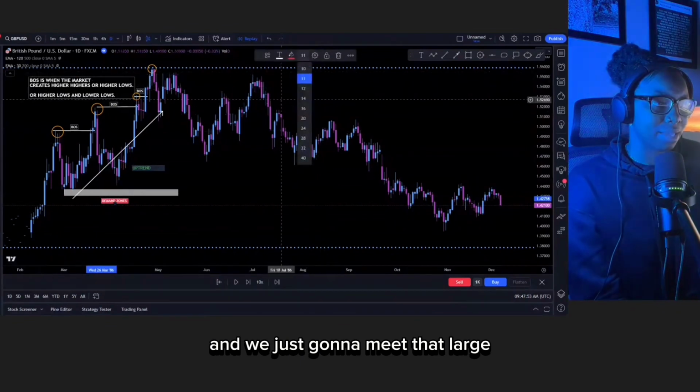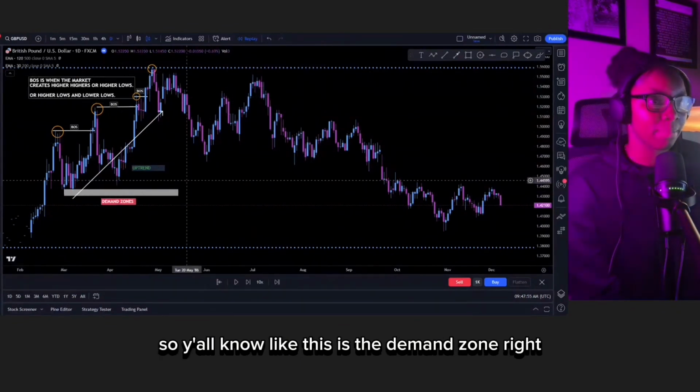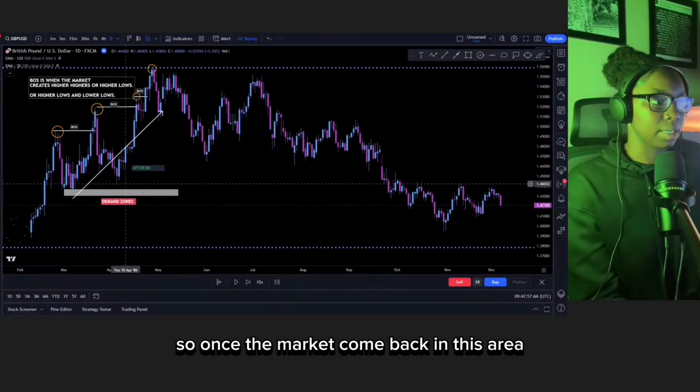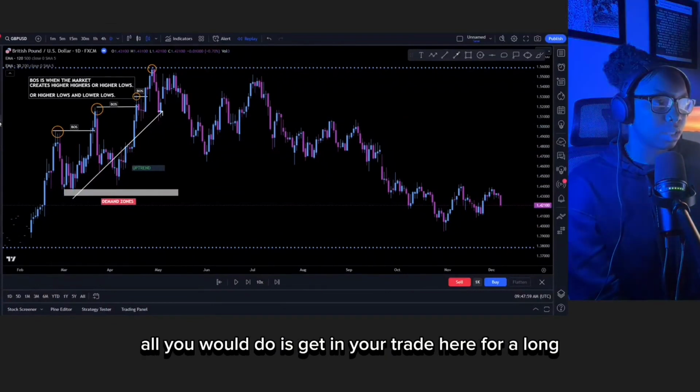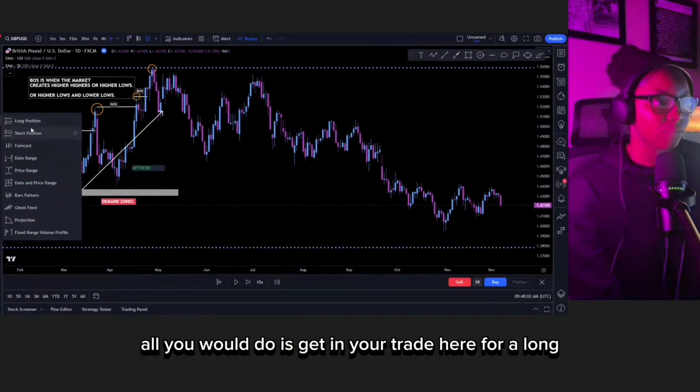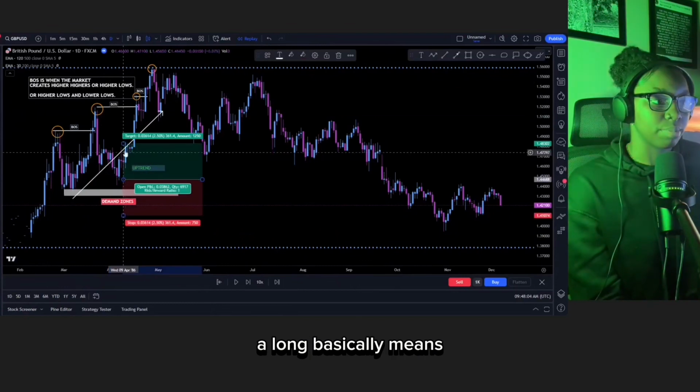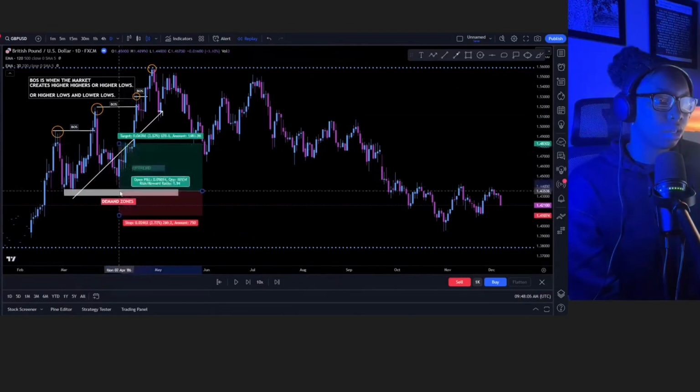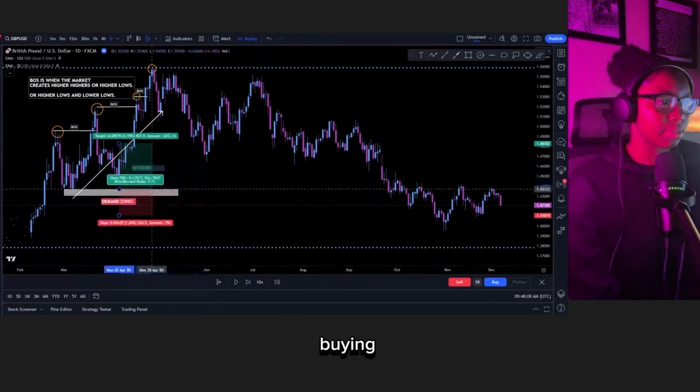See, I'm telling y'all, it be my nerves. We're just going to make that large so y'all know this is the demand zone, right? Once the market comes back to this area, all you would do is get in your trade here for a long. A long basically means buying.